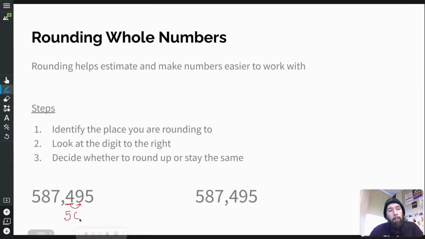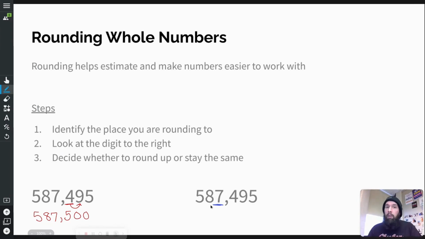You give all the numbers to the right of that 5 zeros, and everything in front of it stays the same. So 587,495 rounded to the nearest hundred is 587,500.